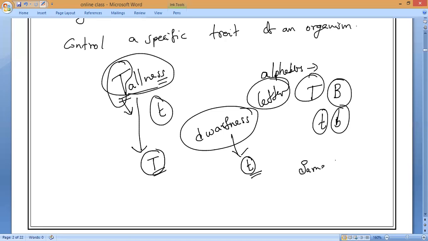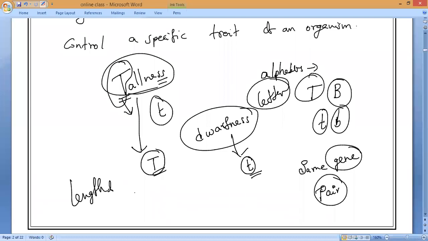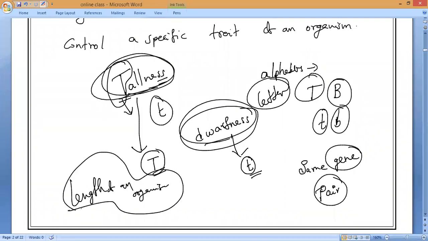So these two, capital T and small t, are forms of the same gene. As I told you, they will work as a pair, always as a pair only. So they form the same gene which controls the length of an organism. Either tallness or dwarfness, both we call the length of an organism, and we can take even animals or kinds of plants.